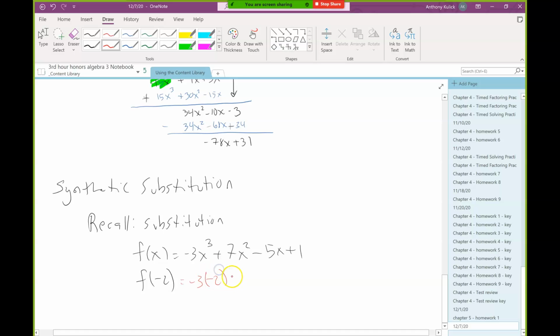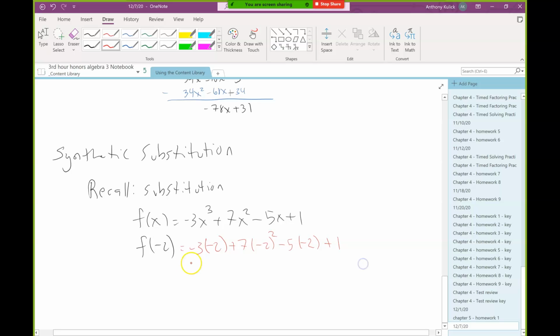Well, all that means is that we're going to be plugging negative 2 in for the x's. So that's going to give us 24 plus 8 plus 10 plus 1. So that would be 63.